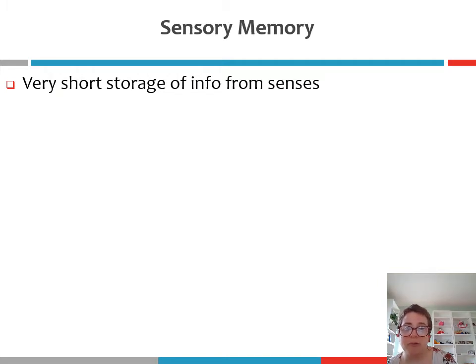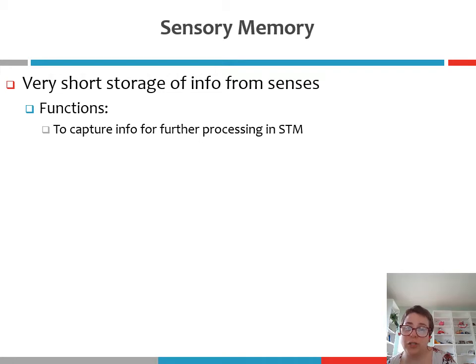So you might remember from my last video that sensory memory is basically just a memory store or structural feature of the modal model, which is responsible for taking a brief snapshot of all of the incoming information that is acquired through the senses.